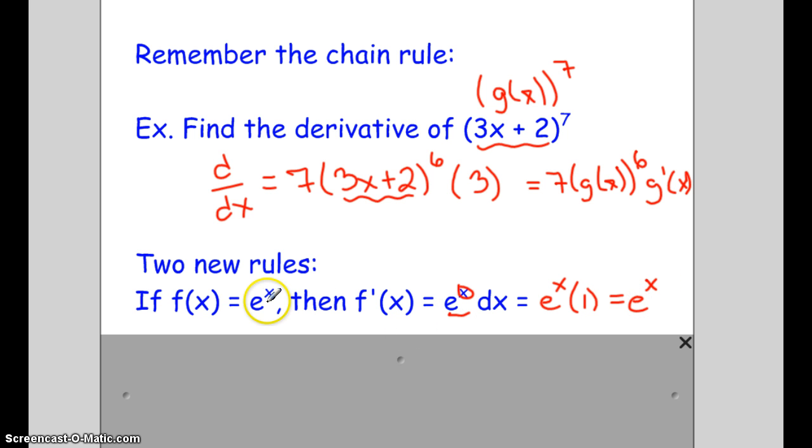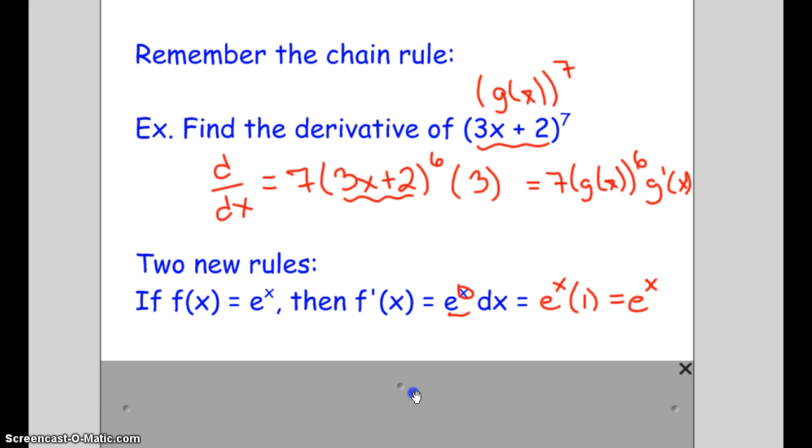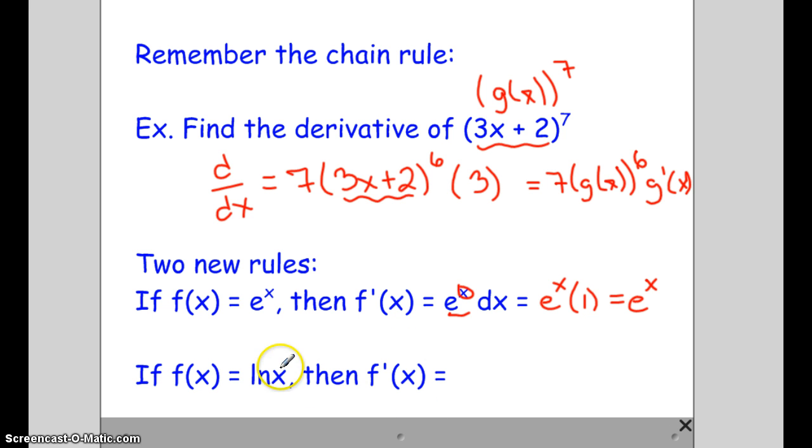So if I have the derivative of e to the x, I wind up getting e to the x because the exponent derivative is just 1, which isn't going to change my answer. And we'll do a few examples where your exponent is not just x, so it will change the way your answer looks.